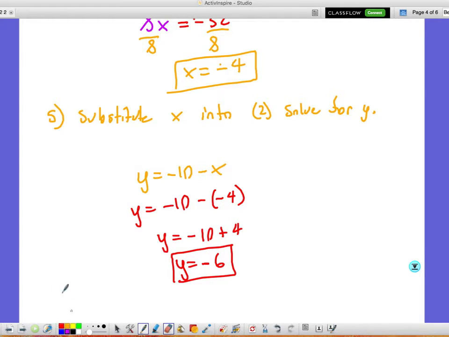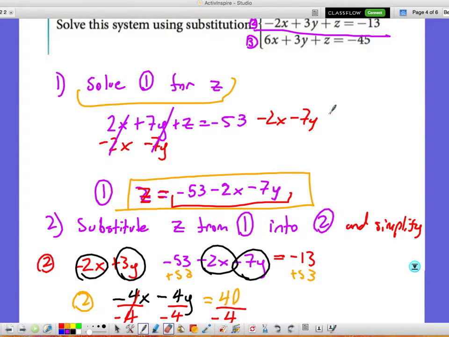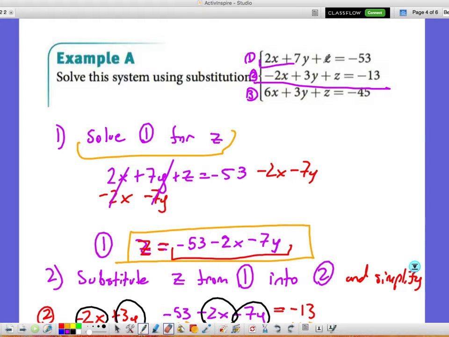Okay, and finally the last step is going to be substitute x and y into the first equation. So here is the first equation. We started with this right here for my first equation, but then we changed it to this.